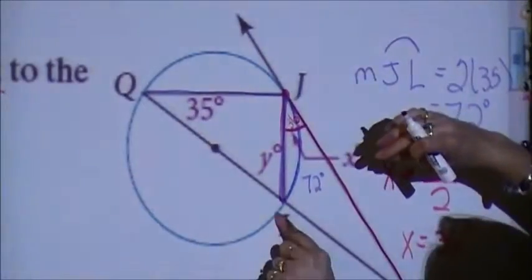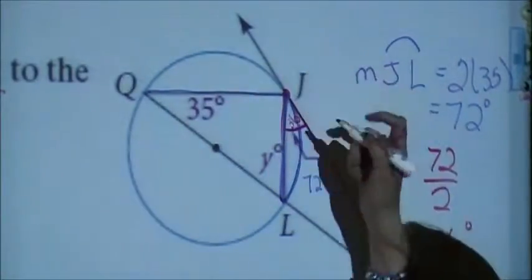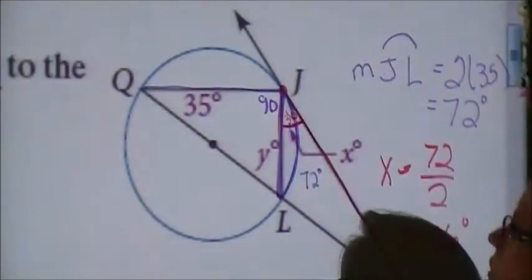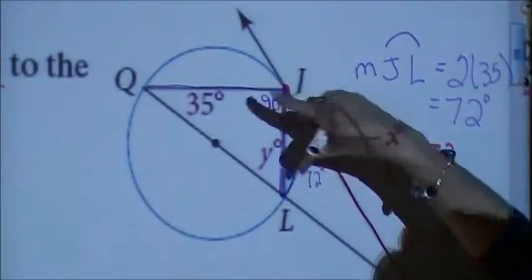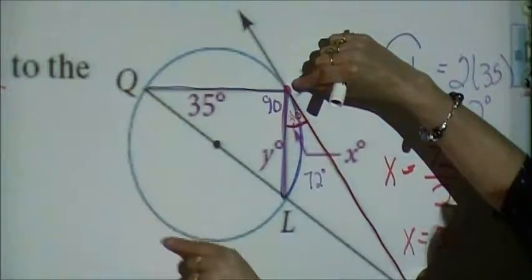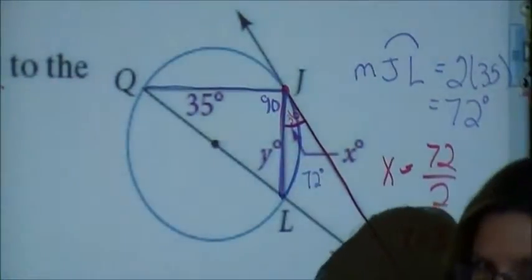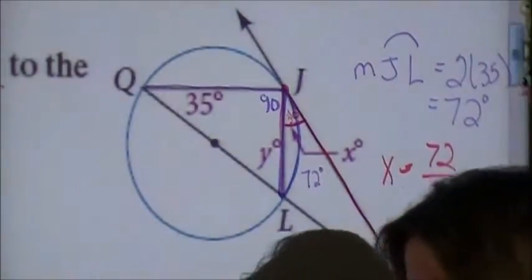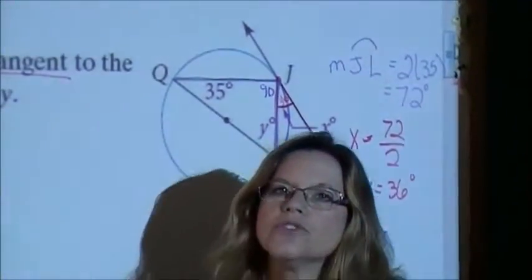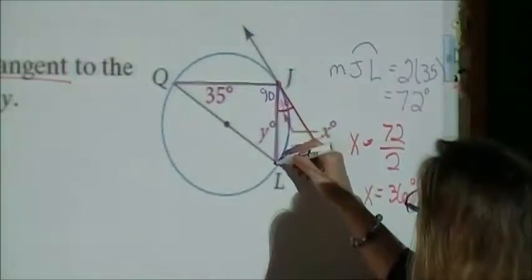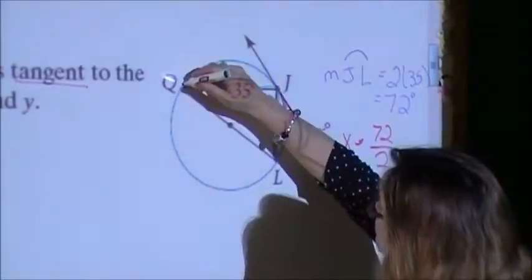This is also 180 degrees. This is inscribed, which makes that 90 degrees. We learned in the last set of notes, if you have an inscribed angle to a semicircle, it's a right angle. One more thing you've got to train your brain to look for in the circles unit is look for triangles.